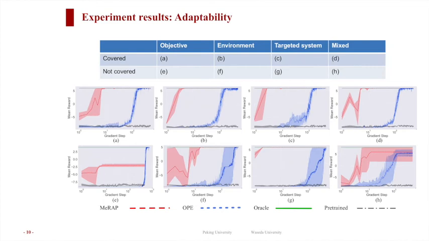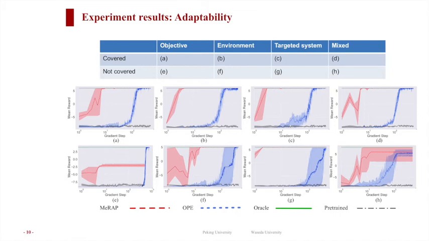The purpose of these experiments is to answer the questions. First, adaptability. Compared with the baseline approach, how fast does MRAP adapt to real environment, system dynamics or users' objectives, and what is the quality of the policy after adaptation?